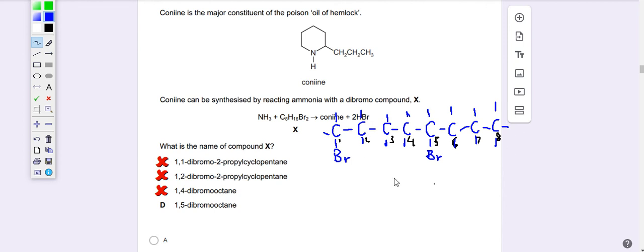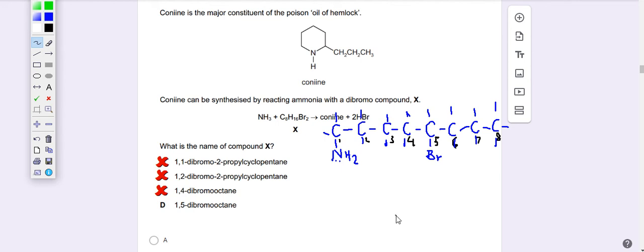Now, if this reacts with ammonia, again one of the Br atoms will be replaced by NH2. So let's say it's the first one again. Now this nitrogen's lone pair will attack carbon number 5.